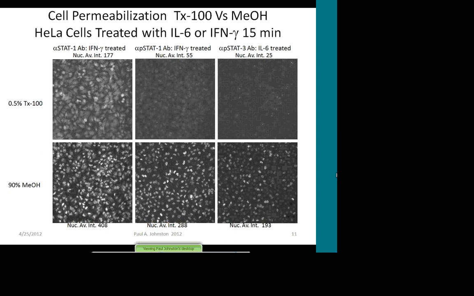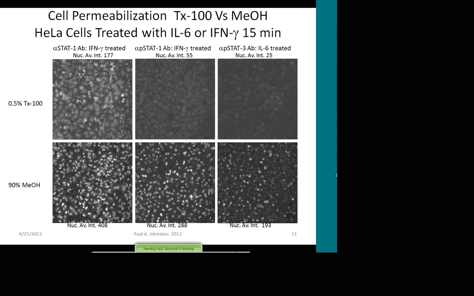One of the issues that we first encountered when developing the assay, however, was that we had to identify good antibodies that worked in our imaging applications, and we found that there was a distinct difference in how well the antibodies worked depending on which method of cell permeabilization we used.